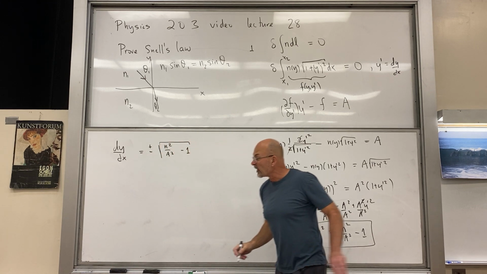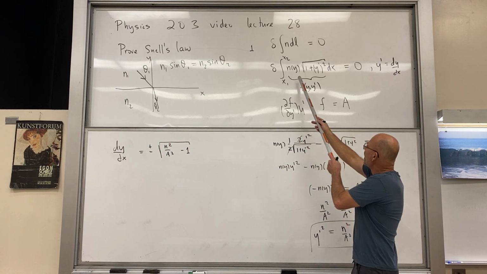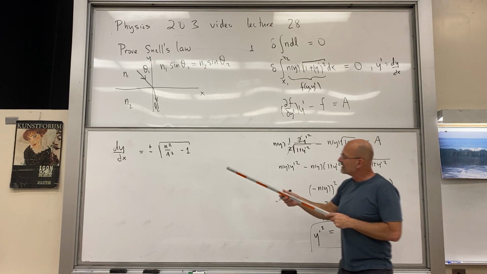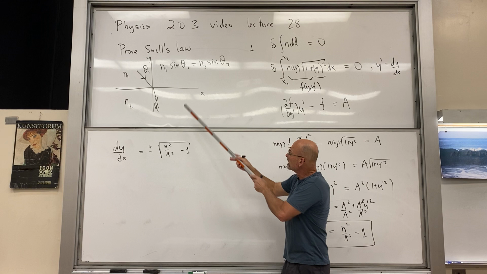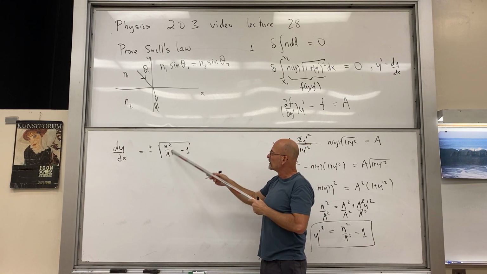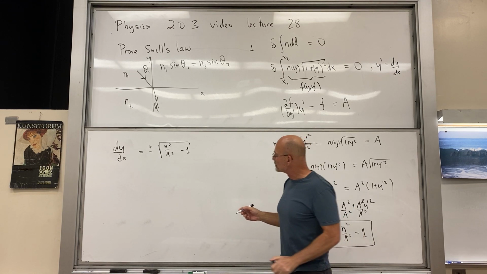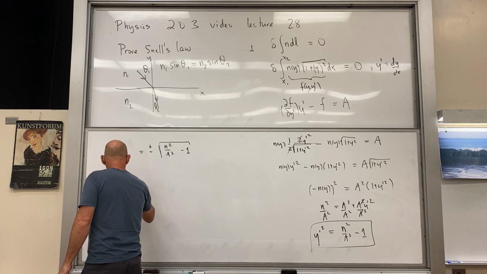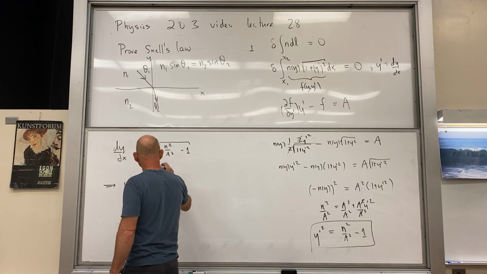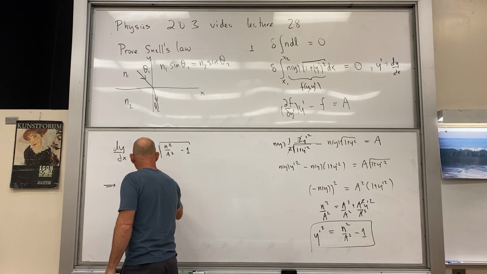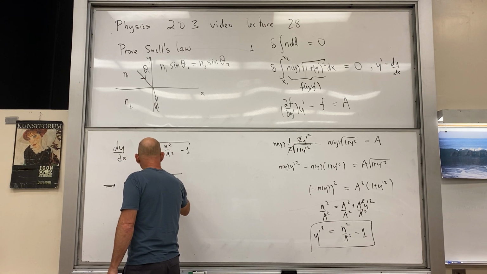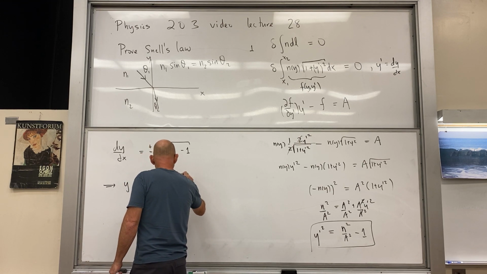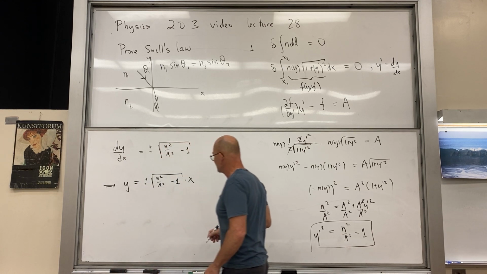Now, n squared is a function of y, it's n of y squared. But on the other hand, it's just a constant on one side and on the other. So when we integrate this, it's actually trivial. We're going to get y is equal to, keeping the plus minus, the square root of n squared over a squared minus 1 times x.